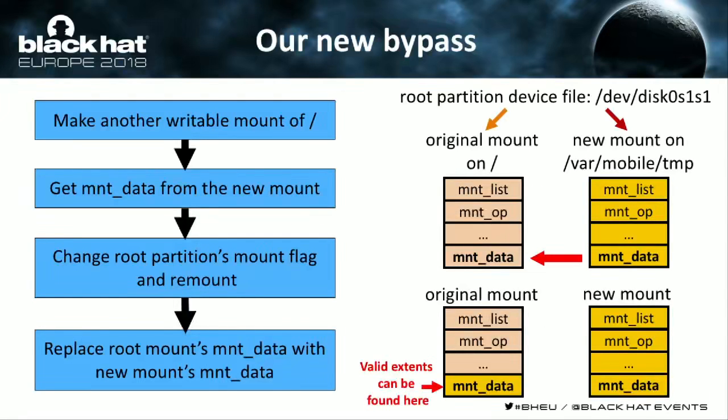Here is a figure indicating the procedure of my new bypass. We can see in the right figure, we mount the root partition on two directories, and we retrieve the mount data from the new mount, and replace the original mount data with it, and then the system is able to find valid extents from this new mount data.